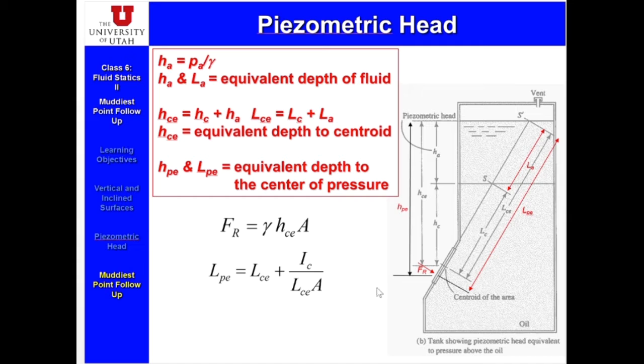We have L sub CE shown here, and L sub CE is calculated as L sub C plus L sub A. And then we use, again, the centroidal moment of inertia, and that L sub CE value again, and the cross-section area of the face of the object, the window or the gate that we're looking at. So hopefully that clears up some of your questions about all of the pesky definitions.